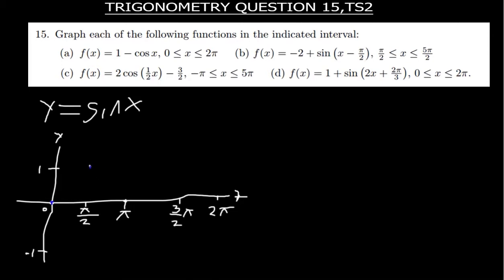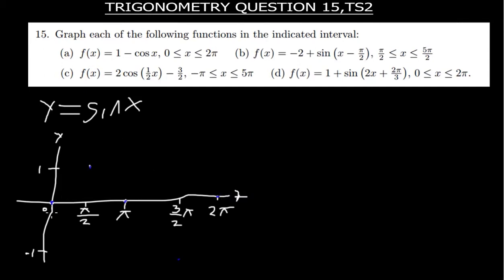Then sine 180, which is sine pi, you get 0. Sine 270 or sine 3 over 2 pi in radians, you get a -1. And then try sine 360, you have your 0 there.